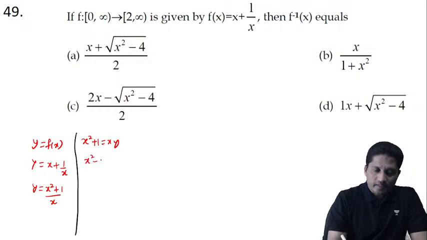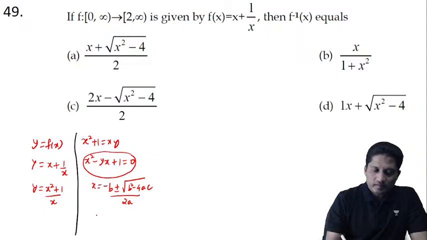That is x square minus y into x plus 1 equal to 0. x is equal to minus b plus minus root of b square minus 4ac divided by 2a. x is equal to minus of minus is plus, root of b square minus 4ac by 2a.